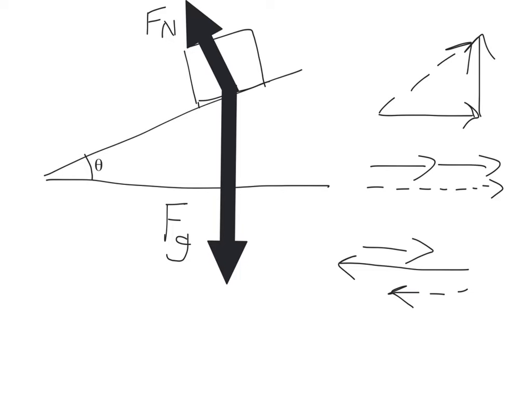Now, before, when I was saying that this is more problematic than this, these two forces are not at right angles to each other. So we can't even use this mathematics, because this assumes a right angle triangle right in here. This is not 90 degrees. It's something else.